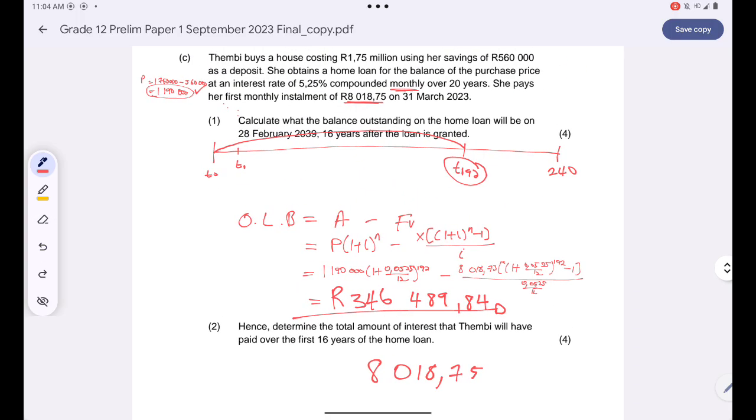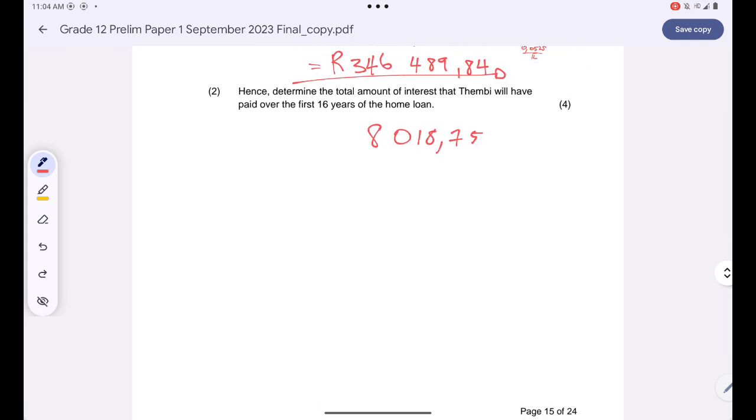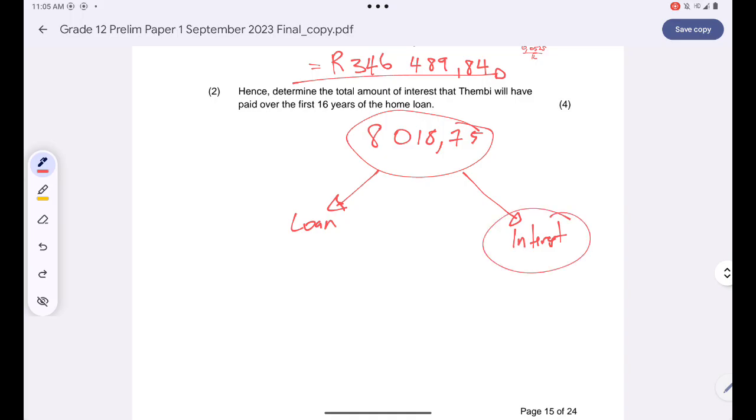This amount of money will be divided into two sections by the bank. Some of it will be paying off the loan, and some of it will be paying the interest. I want to know how much of it in total was the interest.